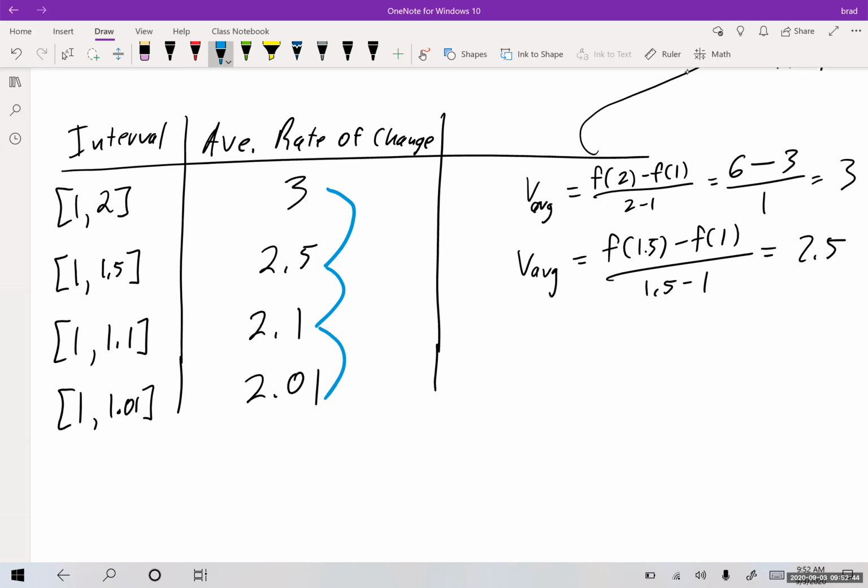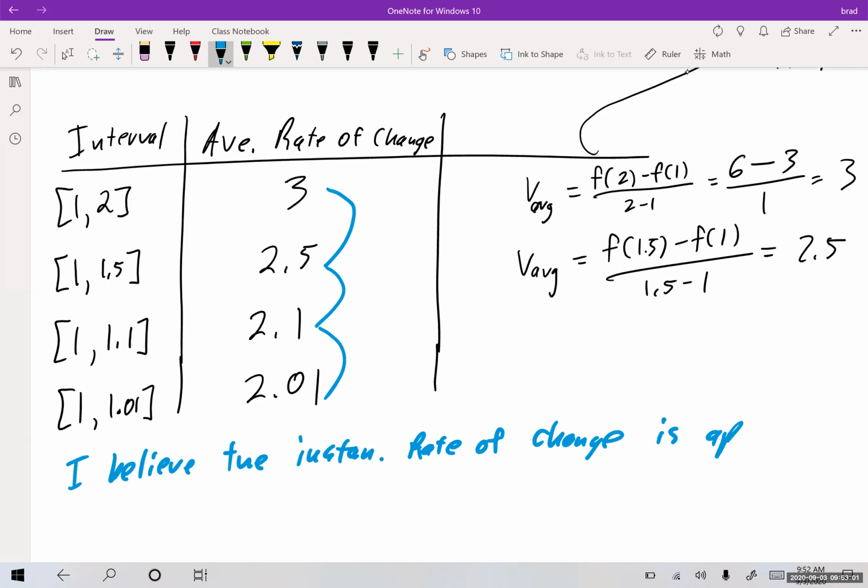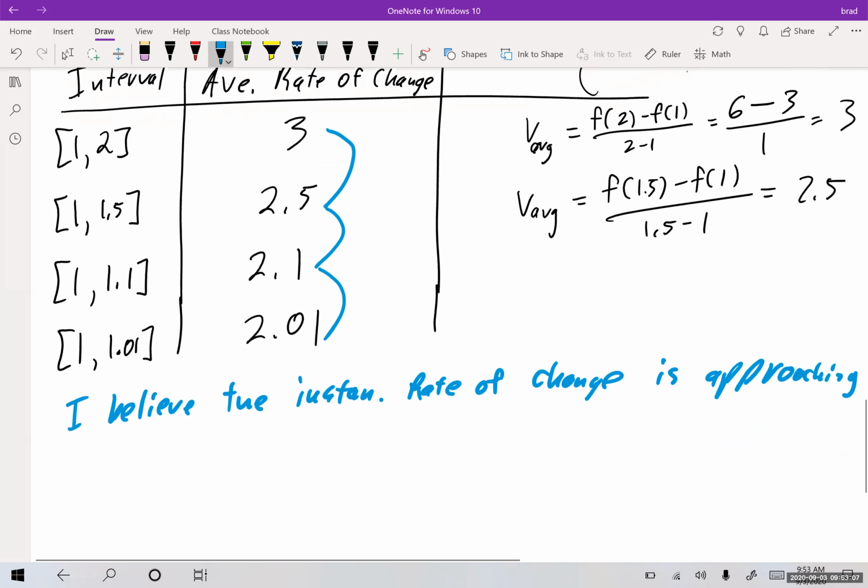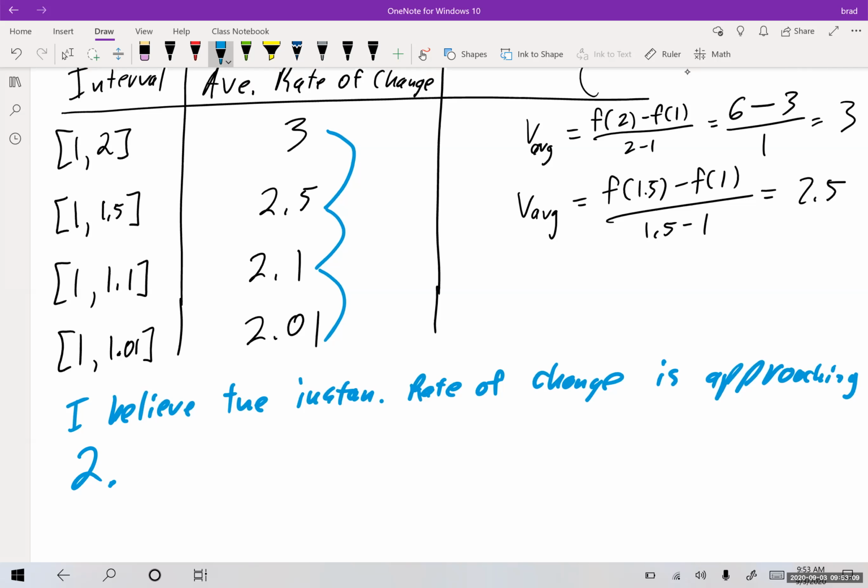So what this is telling me is, I believe the instantaneous rate of change is approaching what number? Again, I haven't made it to this number, but I think it's approaching 2. So that's what I'm going to say my answer is. I feel that the instantaneous rate of change is going to be 2.